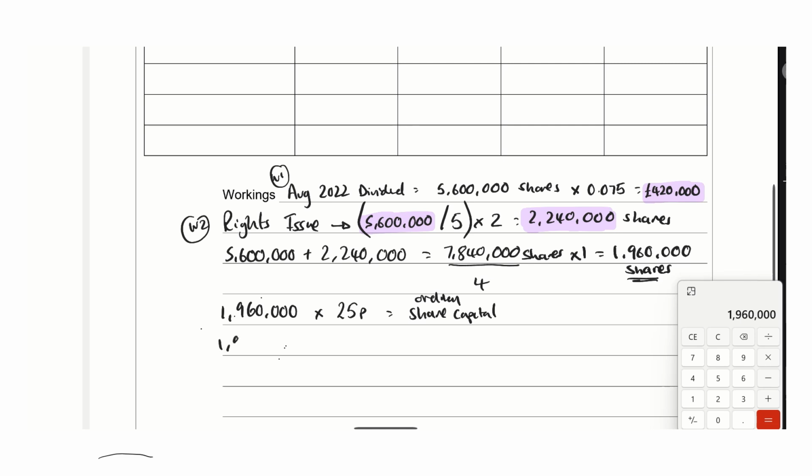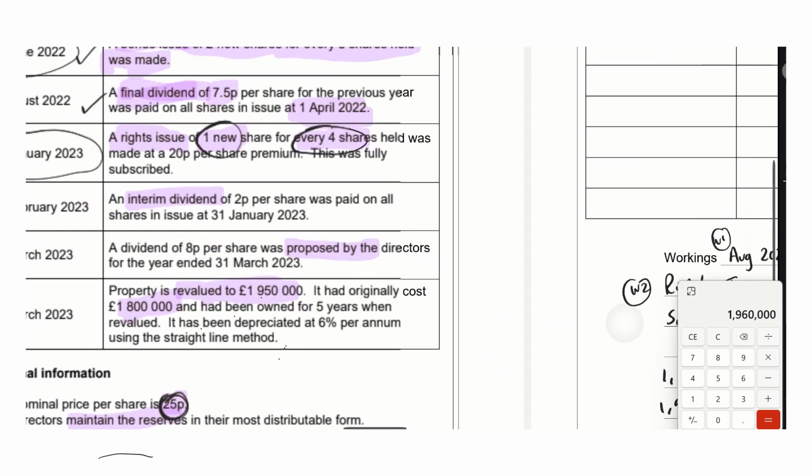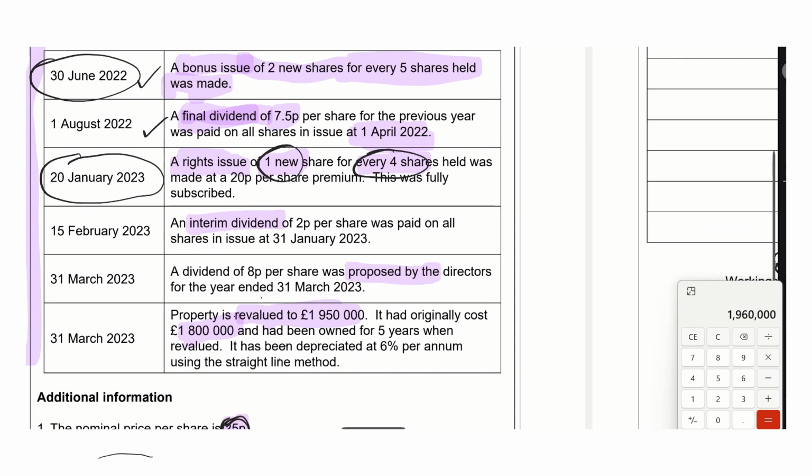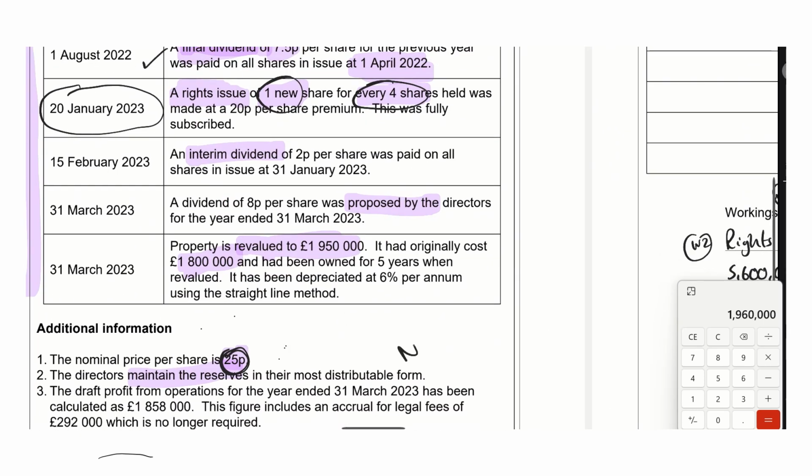And then you do the same, £1,960,000. But this time you have to work out what the share premium is. Now, in this question, luckily enough, it just tells you what the share premium is. But sometimes they might give you the issue price, and then you have to think about doing an inverse of this formula N plus P equals I. So if you have the nominal price and the issue price, you'll be able to work out what the premium price is.